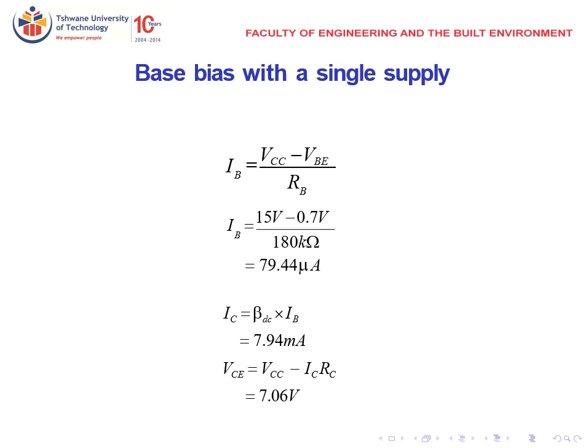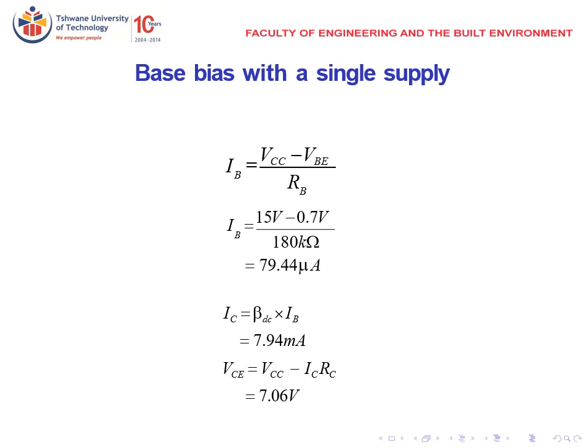From there, we know that IC is equal to beta times IB. This gives us 7.94 milliamperes. Then VCE. How do you get the formula for VCE? VCC is equal to the voltage drop on the resistor RC, and then we also have a voltage drop between your collector and the emitter, that's your VCE.